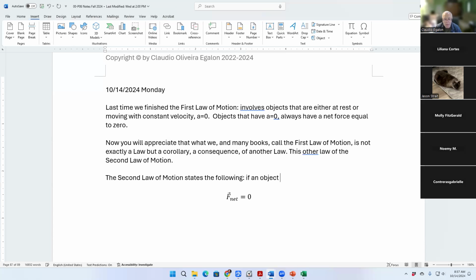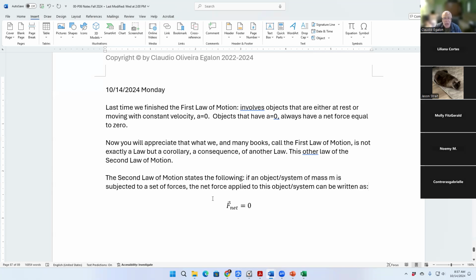An object of mass m is subjected to a set of forces, the net force applied to this object, and I'm going to be more generic. Instead of an object, I'm going to say either an object or a system, okay? This object slash system can be written as, okay?